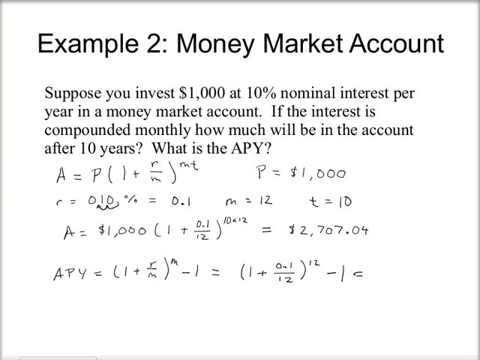If I plug that into my calculator, that's going to give me 0.105 is my interest rate. So this time I want to convert that from a decimal back to a percentage. So I'm going to move the decimal point to the right 2 places. So 1, 2, and this is equal to 10.5%. So the APY is actually a little bit higher than the nominal interest rate.